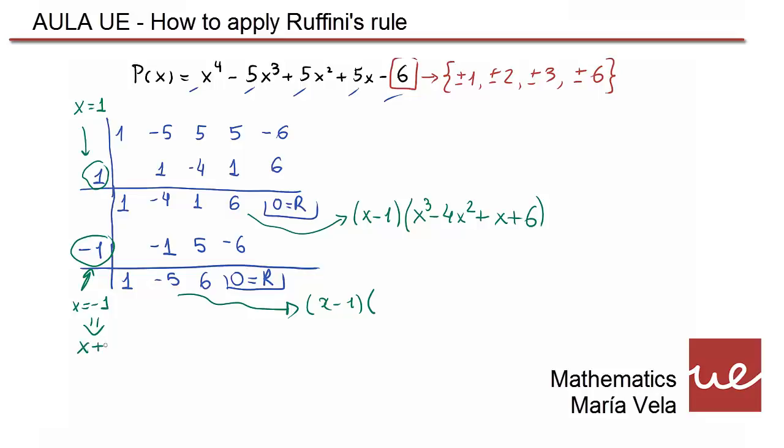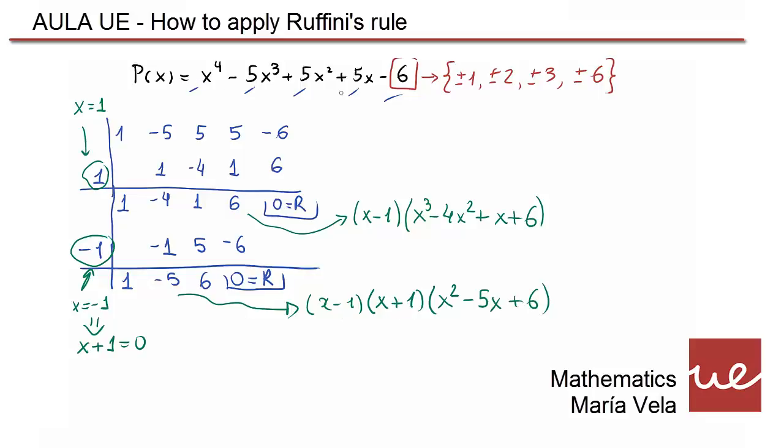This new factor is going to be x plus 1. Pay attention, because if x is equal to minus 1, that means x plus 1 is equal to 0. So my factor is just x plus 1. And using the coefficients as we did before, we just copy the second order polynomial that we have. This time it is x squared minus 5x plus 6.